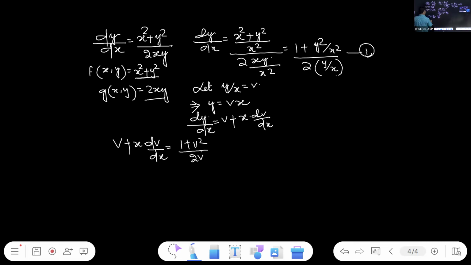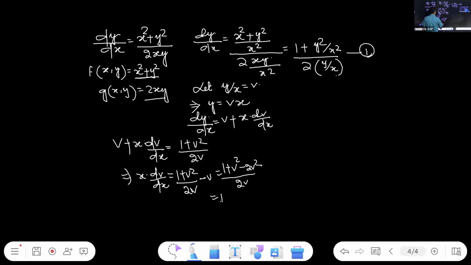This implies x into db upon dx is equal to 1 plus b square upon 2b minus b. This is equal to 1 plus b square minus 2b square upon 2b. This is equal to 1 minus b square upon 2b.